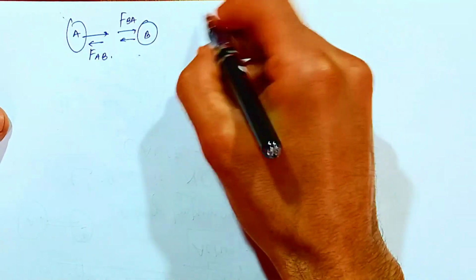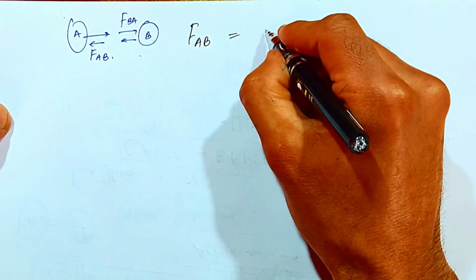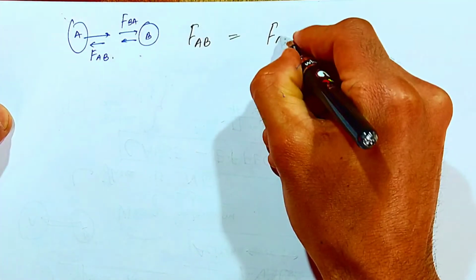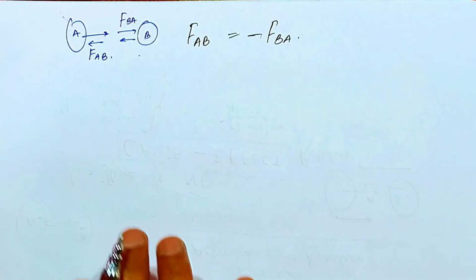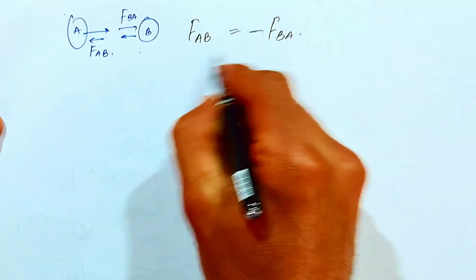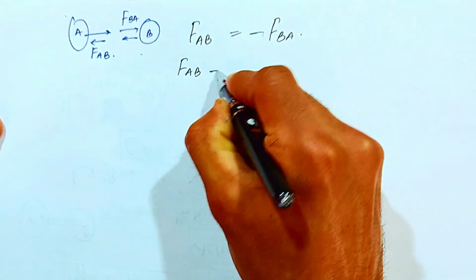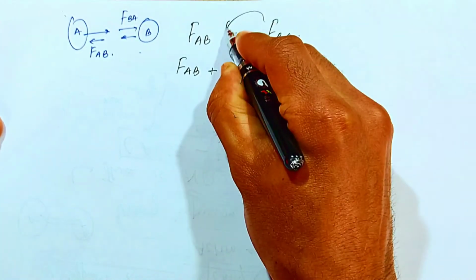We know from Newton's third law that FAB is equal to the force of reaction FBA, but in the opposite direction, that is a negative sign. This relation can be written as FAB plus FBA equal to 0.